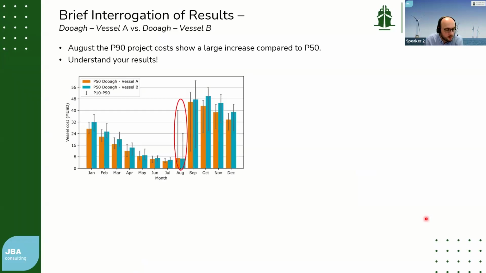And we can see an example here of the area we want to look at. And we wanted to understand why for vessel A, our P90 was so much higher than our P90 for vessel B, which was not a trend we saw in all the other start months.